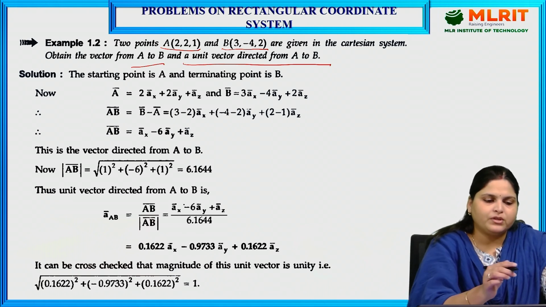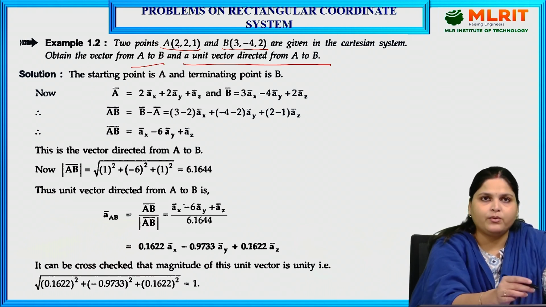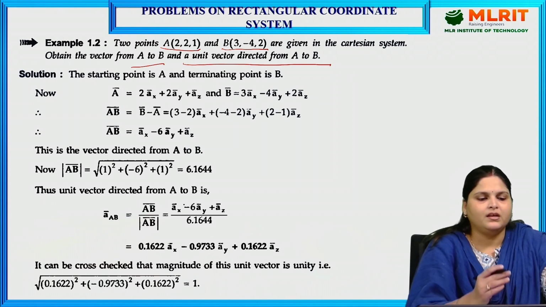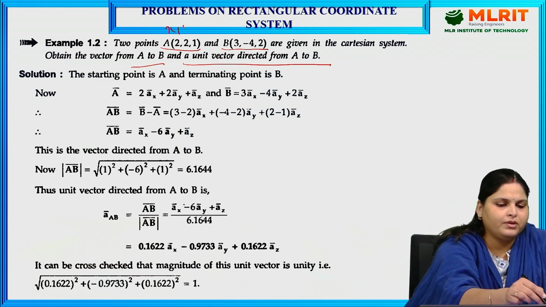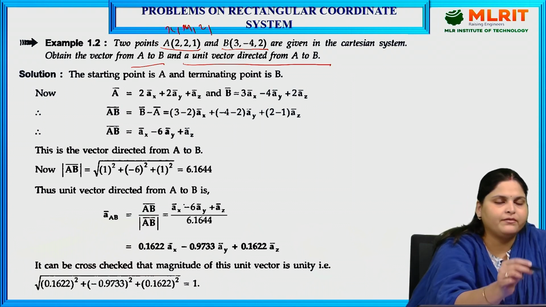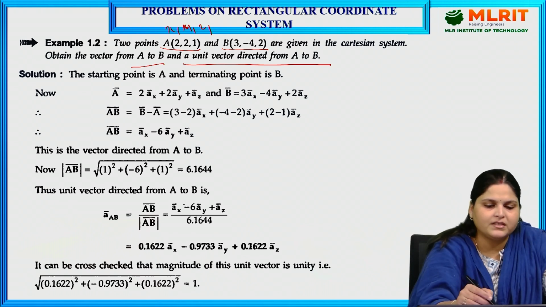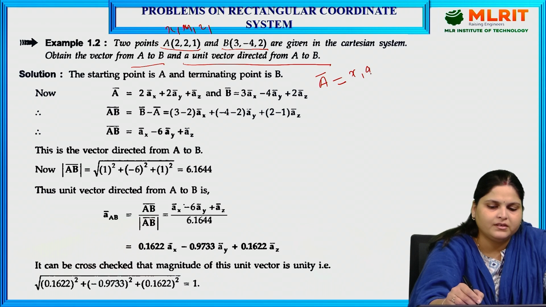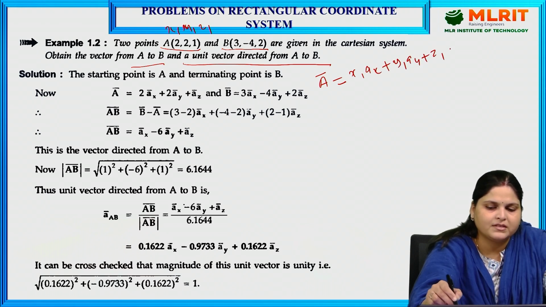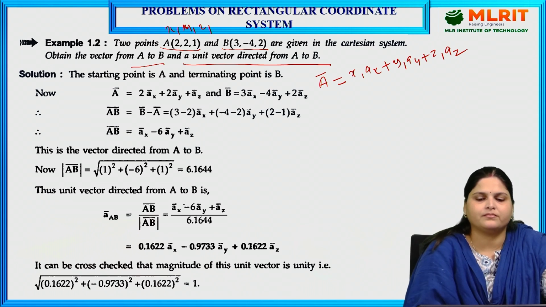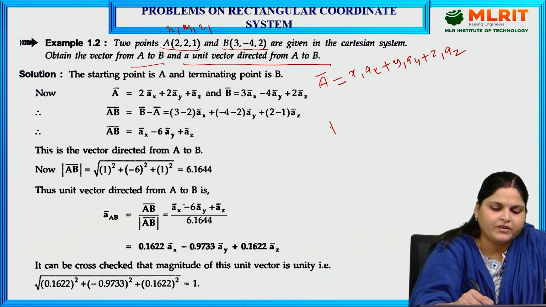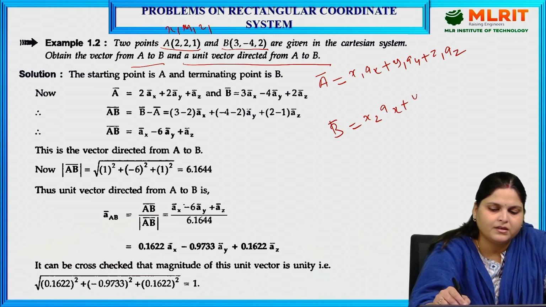The point A coordinates are 2, 2, 1, which means x1 is 2, y1 is 2 and z1 is 1. How do we write this equation? We will write vector A as x1 ax plus y1 ay plus z1 az. Similarly, we will write the equation for B: x2 ax plus y2 ay plus z2 az.